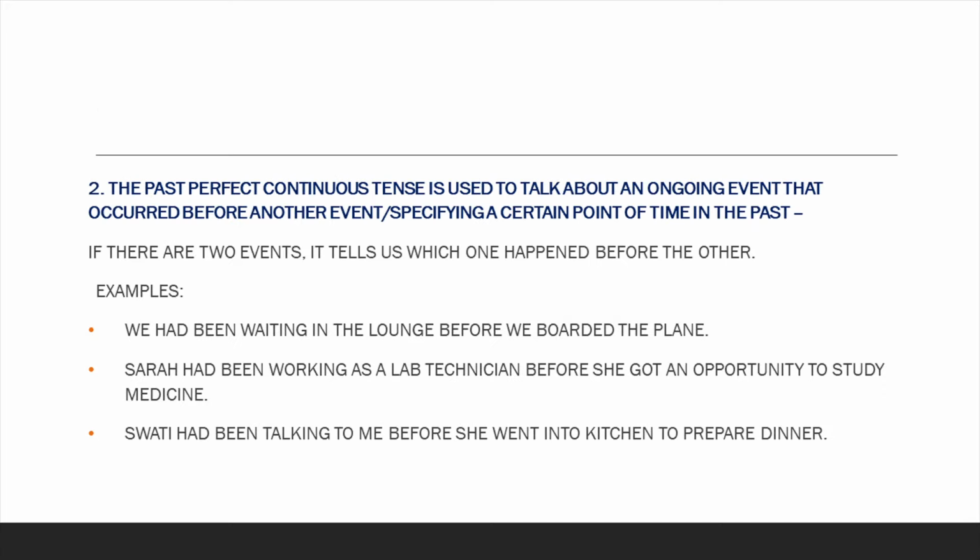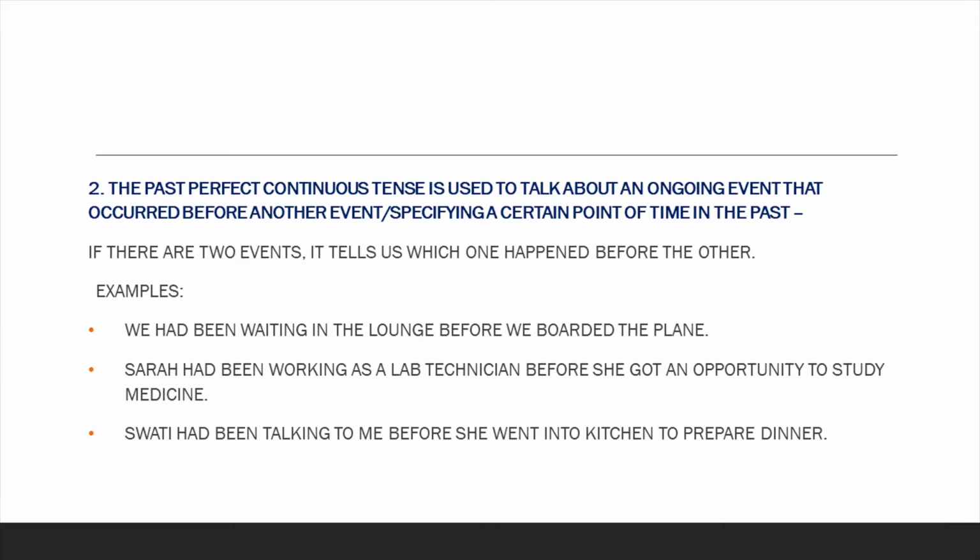So the past perfect continuous is used to talk about an ongoing event that occurred before another event specifying a certain point of time in the past. Okay, so it's the same expression, but what function it is doing, that is important. Communication is all about being precise and conveying the right message.